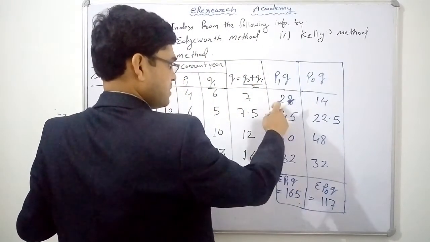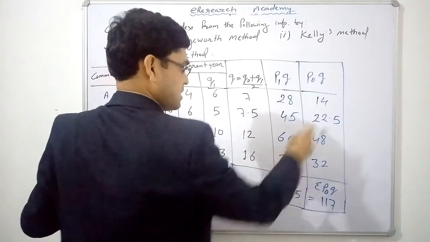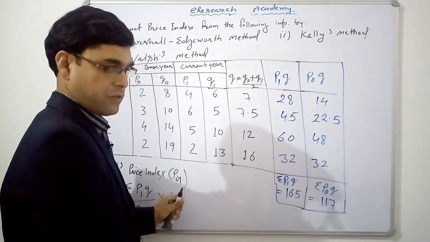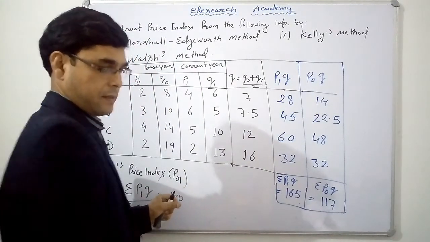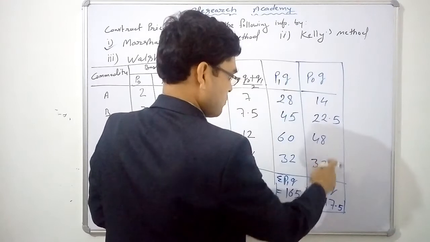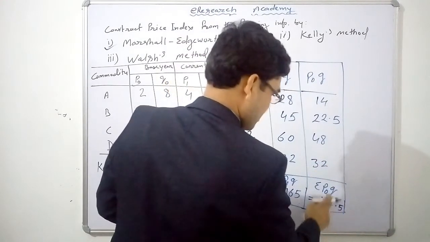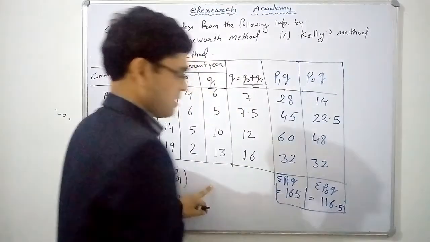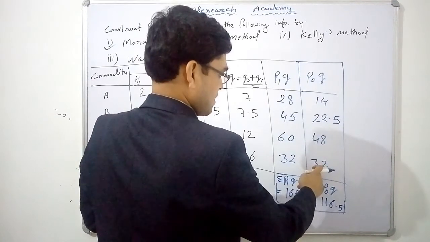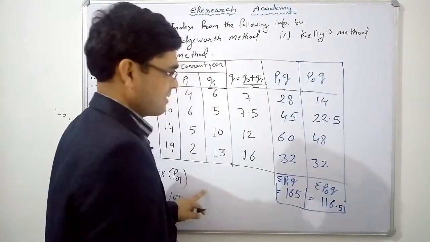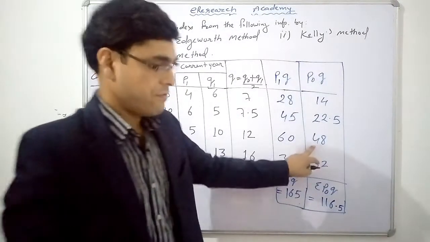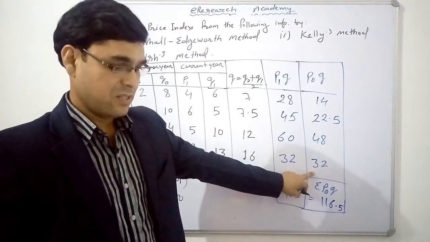Adding up the values: 8, 2, 15, 3, 7, 13, 16, and this one is 22.5. Then 40, 22.5, 48 and 32.